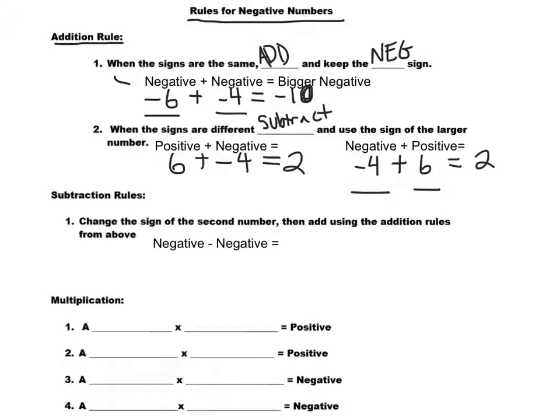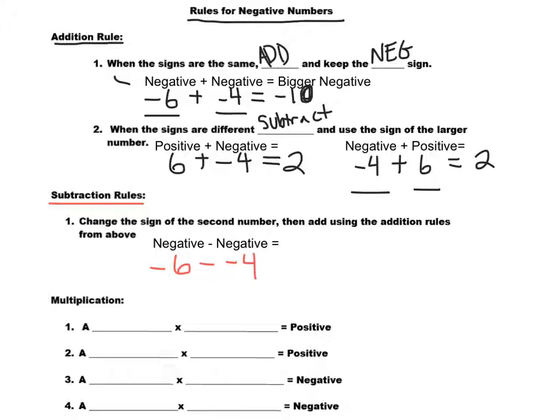Subtraction rules. So this is when you're subtracting negative numbers, which gets a little bit confusing for some people. The rule says change the sign of the second number and then add using the addition rules from above. So let's do an example of that. Let's say I have -6, and then I want to take away -4. So -6 minus -4.